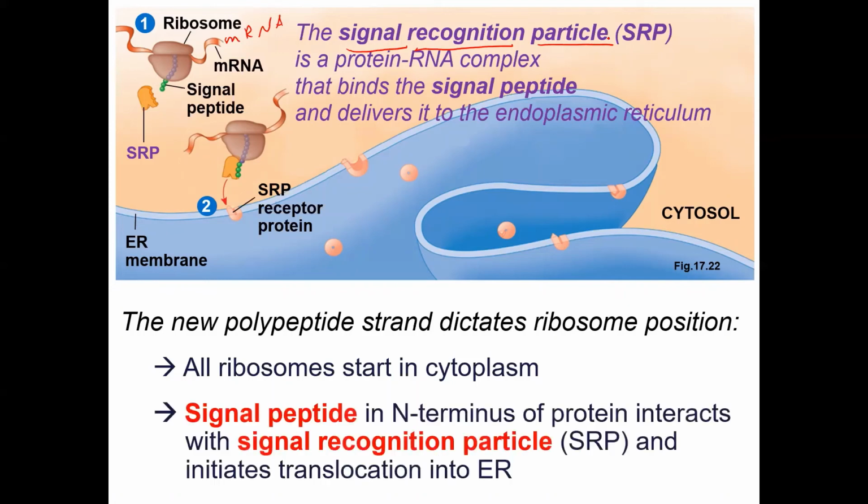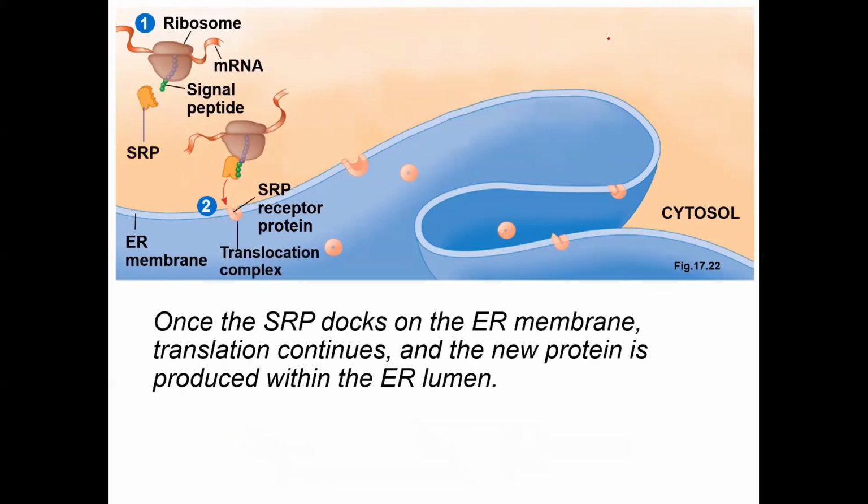The signal peptide interacts with the signal recognition particle and is moved to the ER, and that is sometimes called translocation. That means moving from one place to another. After that, it's going to dock on the membrane, and translation is going to resume. It actually pauses translation. It says, just stop for a second, we're going to bring you over to the ER, and then you can finish your job.